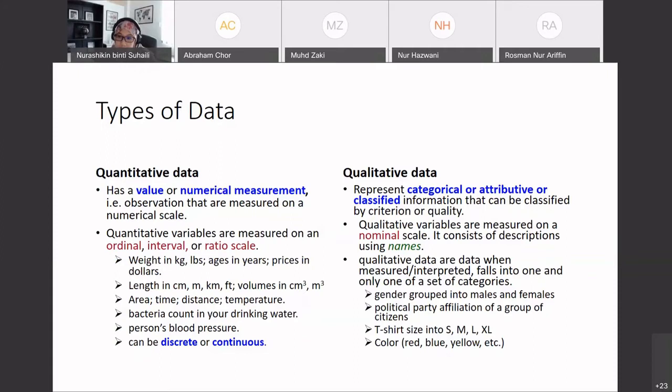Okay, so it's something to do with the quality, the characteristics. Okay, examples is males, females. There are males, there are females. Political party area. And then t-shirt size, S, M, L. Something like attributes, the color, red, blue, yellow. Okay, so those are qualitative data.